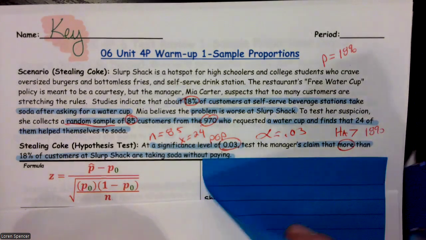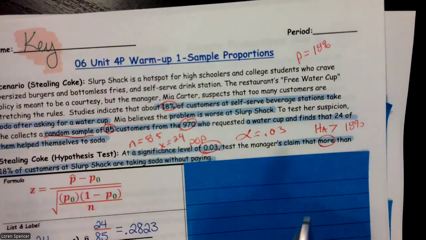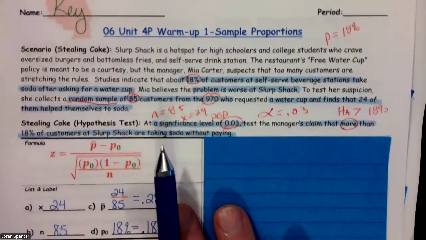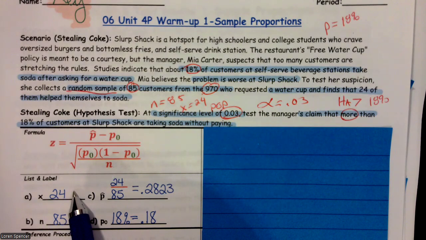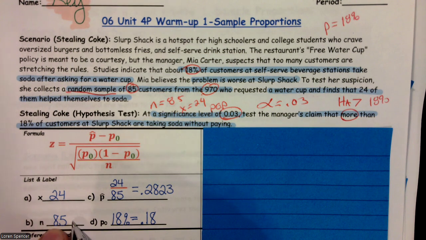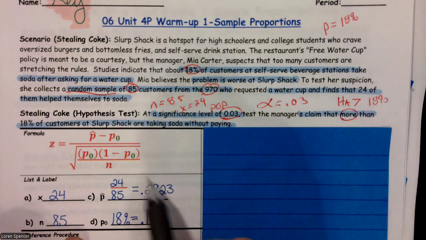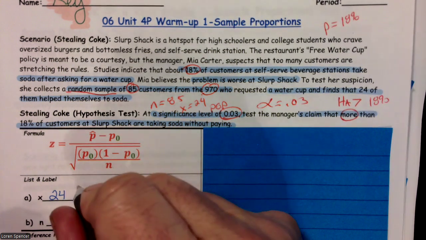So we've already filled in a lot of information. We've already collected a lot, and so we can go ahead and start writing that down and making note of it. So we already know that 24 people are taking Coke when they're not, or soda when they're not, out of the 85 who asked for a water cup. This is from the random sample. P hat, they didn't explicitly give us P hat. We had to calculate that.